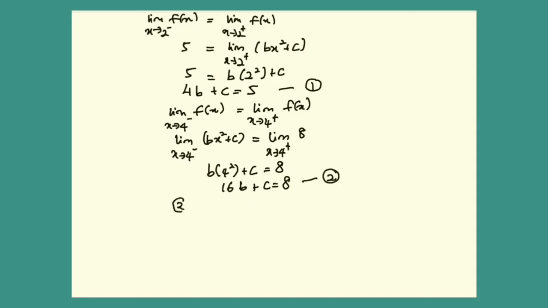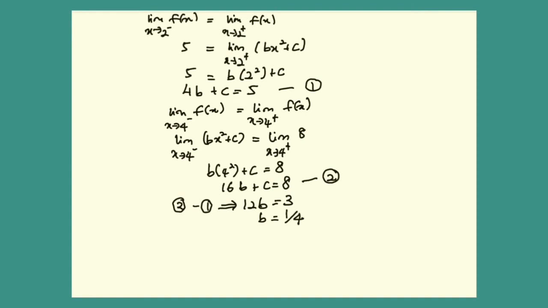Equation 2 minus equation 1. We get 12b equal to 3. And then b equal to 1 over 4.